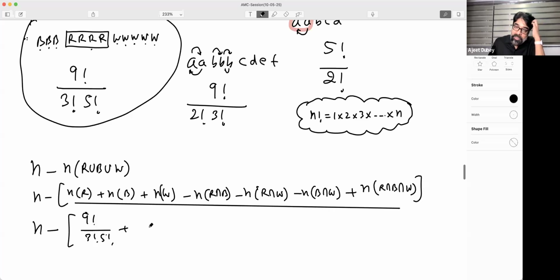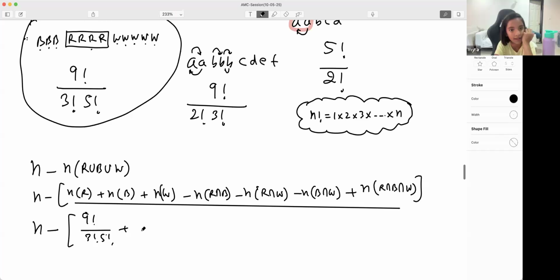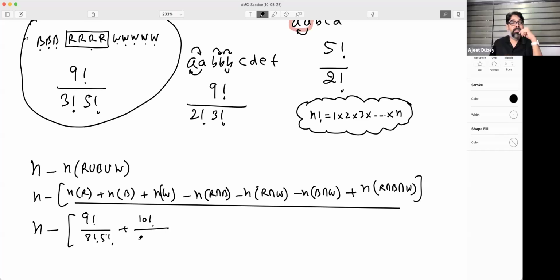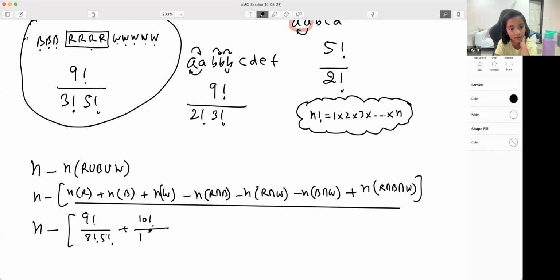Can anyone speak? NB means all B should be together. Sir, 1, 2, 3, 6, 7, 8, 9, 10, I think 10 factorial by, sorry, 4 factorial into 5 factorial.